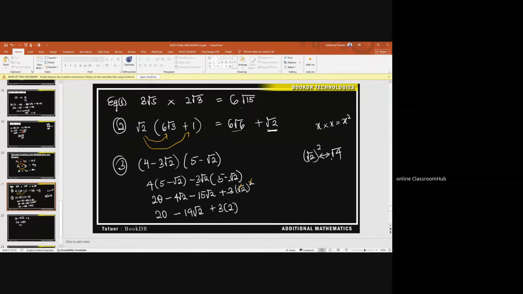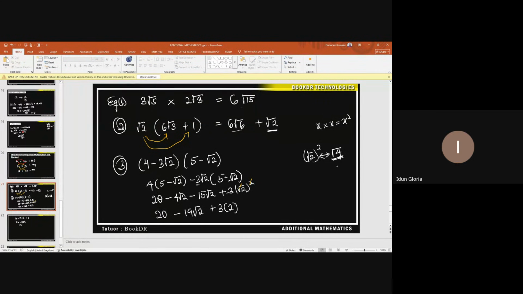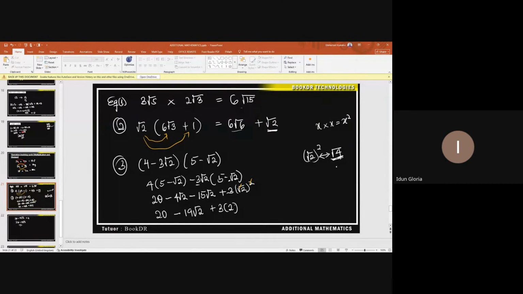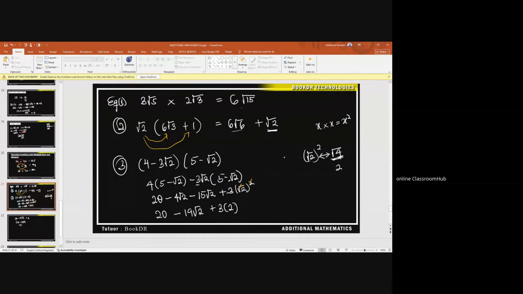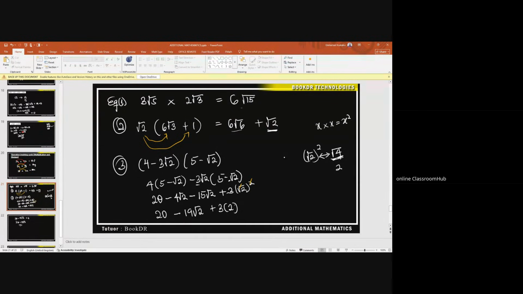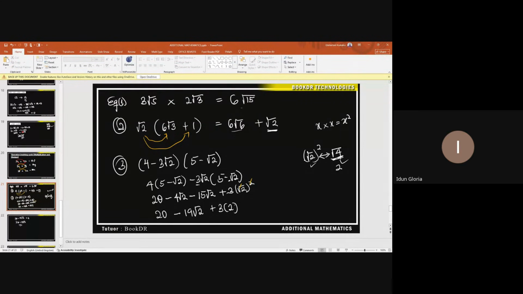And here too, you can find the square root of 4. What is the square root of 4? The square root of 4 is just 2. So when you write it this way or you write it that way, you are still going to get 2. Yes, sir. Good. Okay. Thank you. Okay, welcome.